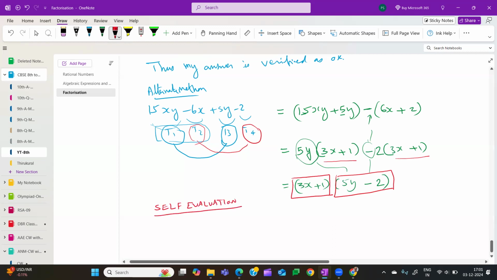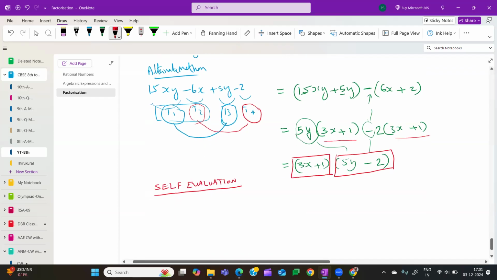Because when you write the final exam, you can check whether all the steps you have done are correct, and whether the final answer is correct or not. So please do the self-evaluation, that is called the verification process.